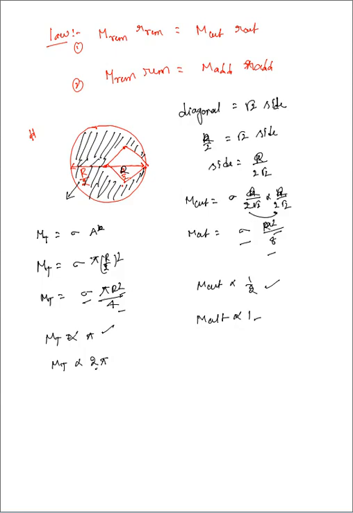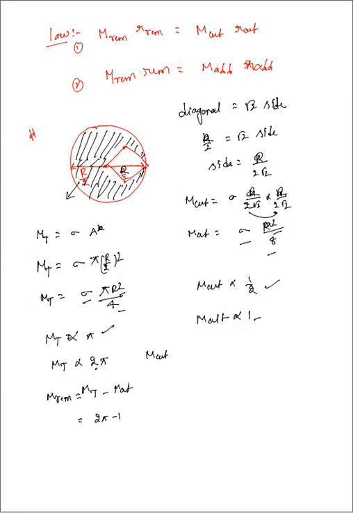Now we just have to follow the formula. The total removed mass we need to calculate. M remaining equals M total minus M cut, which is 2 pi minus 1.